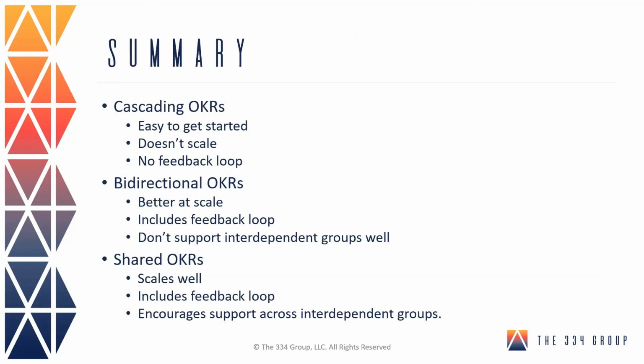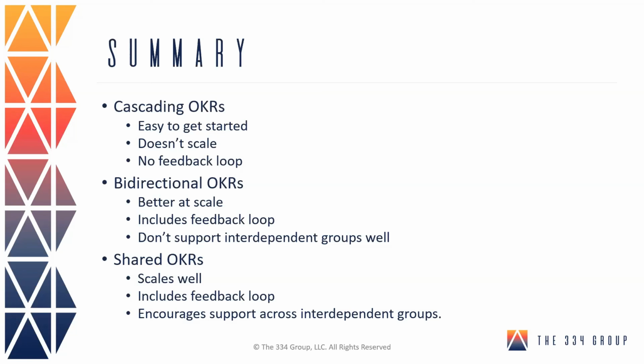So in any situation, creating alignment between teams and individuals in an organization can be difficult. Now, cascading OKRs can be an easy way to get started with OKRs, but we should look to move beyond that model pretty quickly, because there are a lot of issues with it. Bidirectional OKRs are more helpful as you scale your implementation, and they really should be kind of your minimum bar to saying that you have a successful OKR implementation.